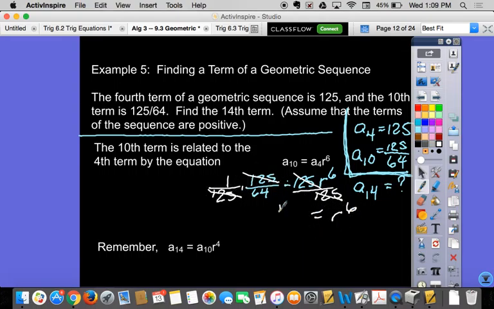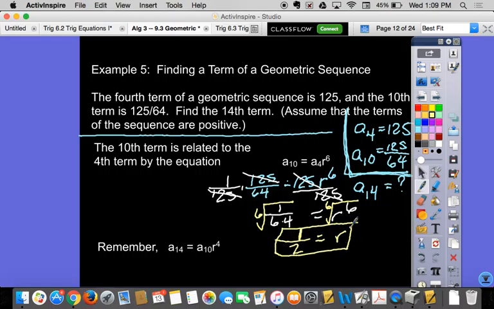These cancel, but you've got 1 over 64. You've got to do the 6th root. So the question is, what number times itself 6 times gives you 64? Now you know 1 does that, but in the bottom it's going to be a 2. So your common ratio is 1/2.